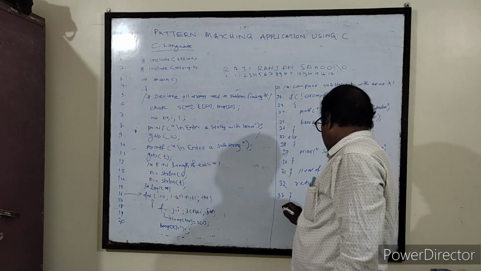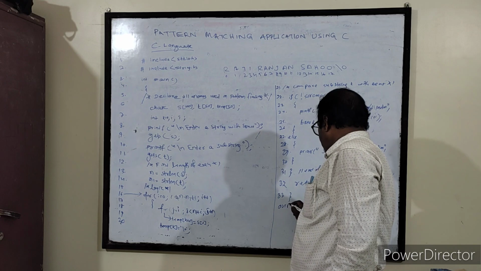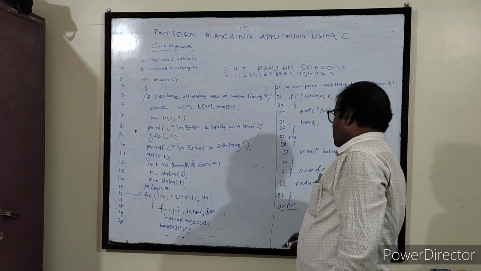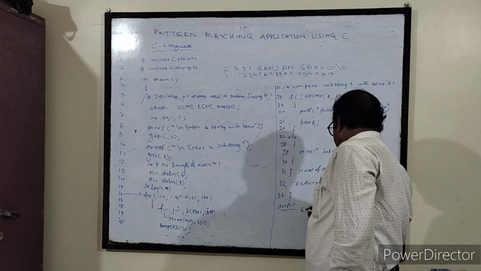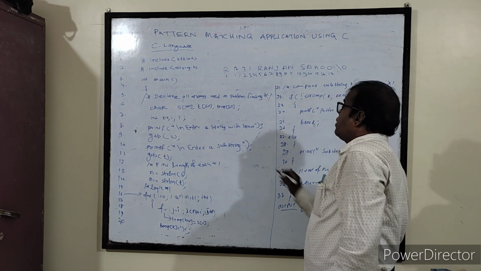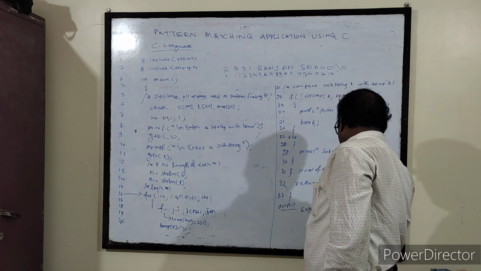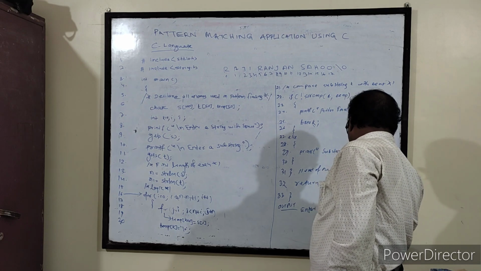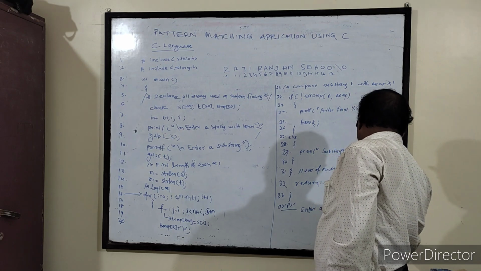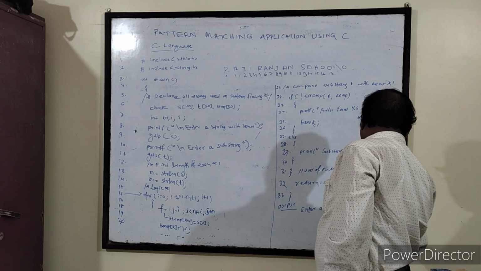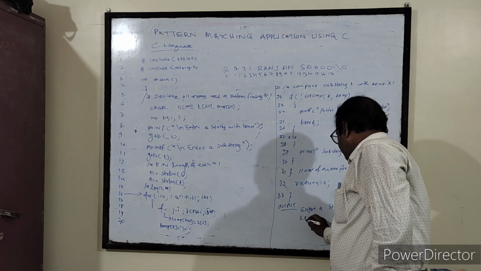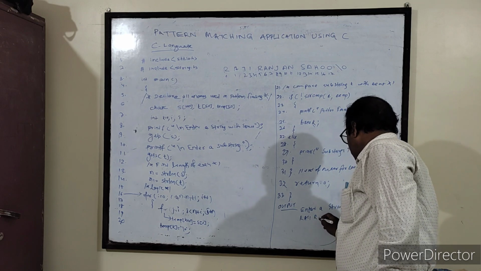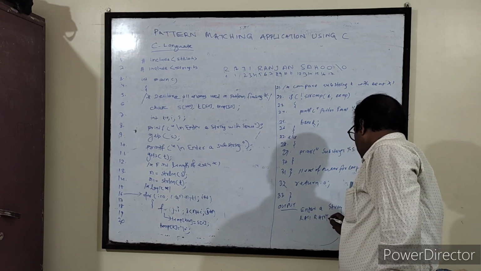If you see the output of this program, it will ask you to enter. It will write: enter a string with space. Now you enter here using the gets function.